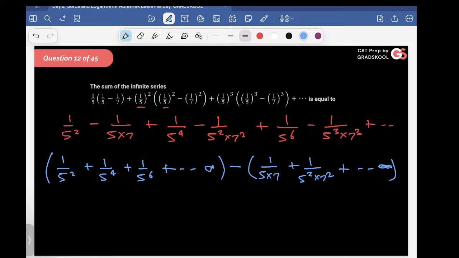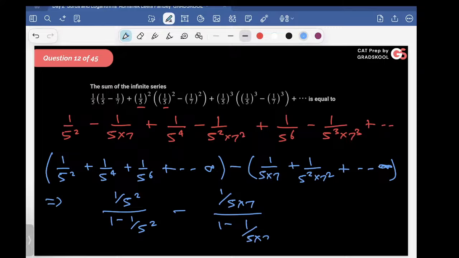Yeah. So for the first GP, the first term is 1 by 5 square, and the common ratio is also 1 by 5 square. Minus. Here the first term is 1 by 5 into 7, and the common ratio is also 1 by 5 into 7. And this will help us a lot. So I'm getting 1 by 25 whole upon 24 by 25.